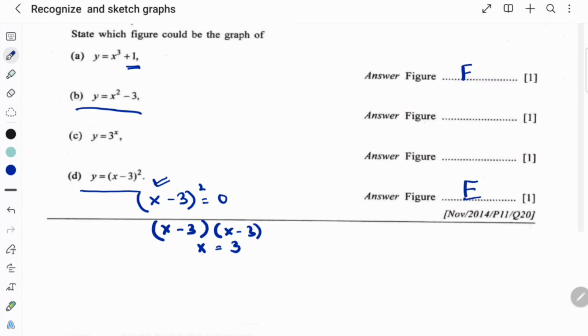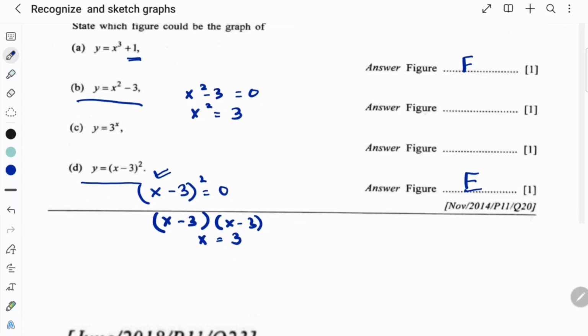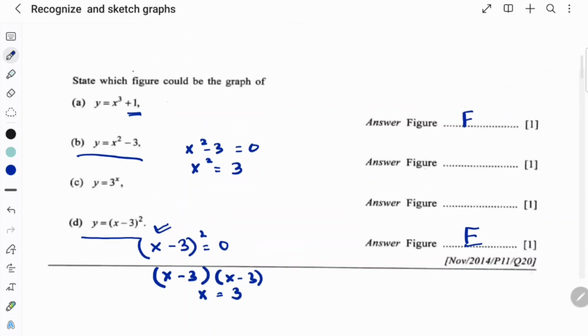So we have recognized part A and D. Now come to B, x square minus 3. If x square minus 3 is equals to 0, so x square is equals to 3 here. Let's check it. I think we just have one more. There's no need to find the solution.